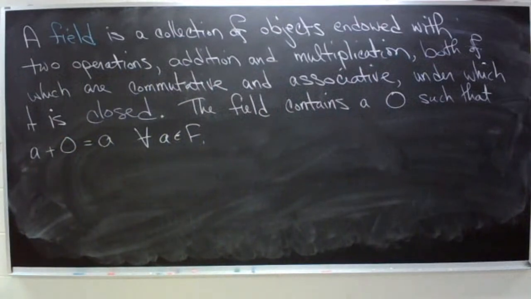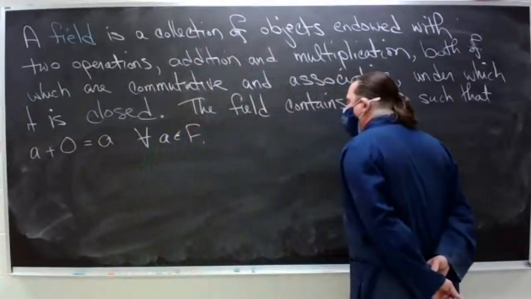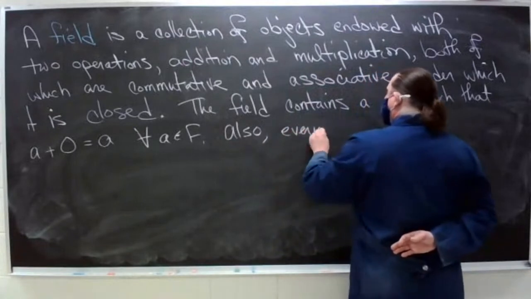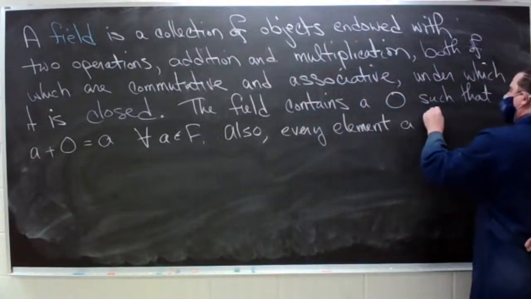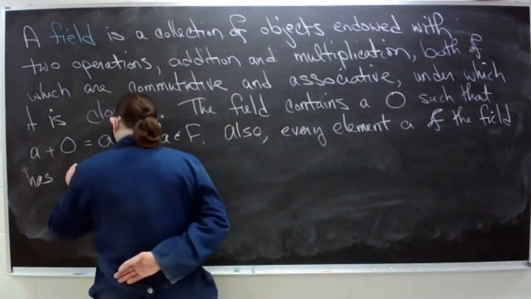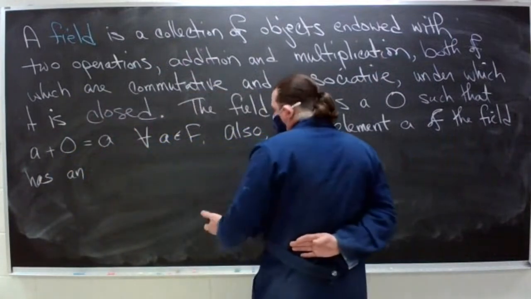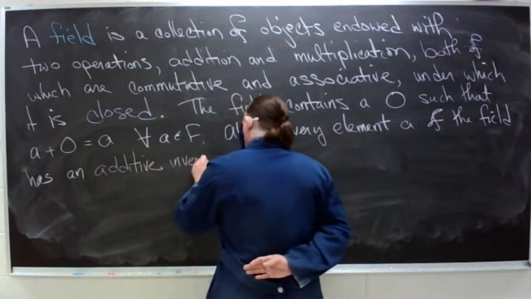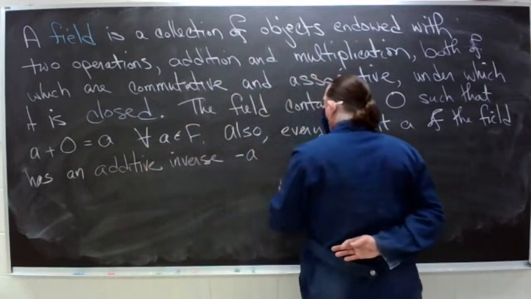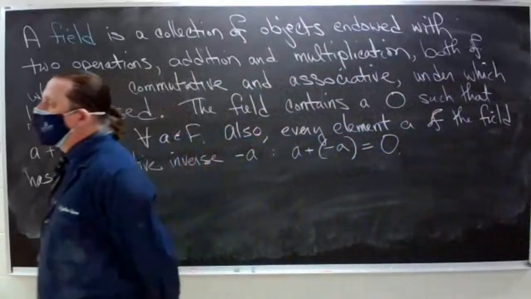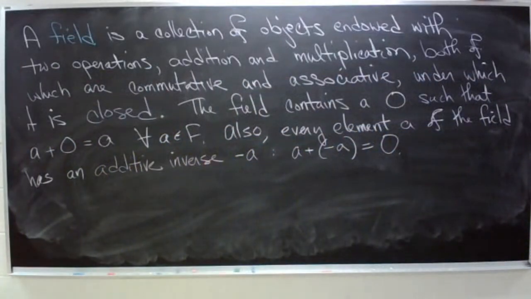In addition to that, every element in the field is associated with another element, its additive inverse, such that the sum of that number and its additive inverse is the additive identity. Okay? All right, so that's fine.